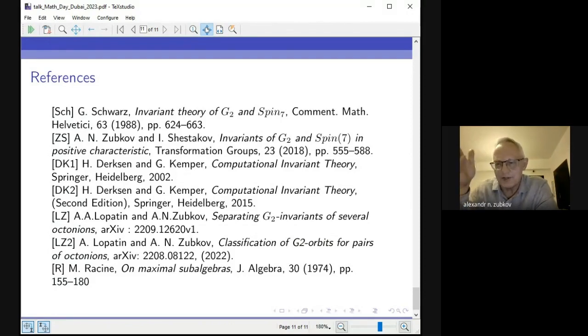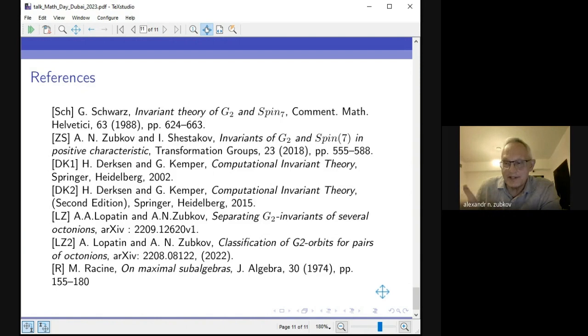Let me just say a few words. What is the advantage of the existence of these good filtrations? If you can prove that all exterior powers of the minimal representations have good filtrations, then you can prove a very nice result.